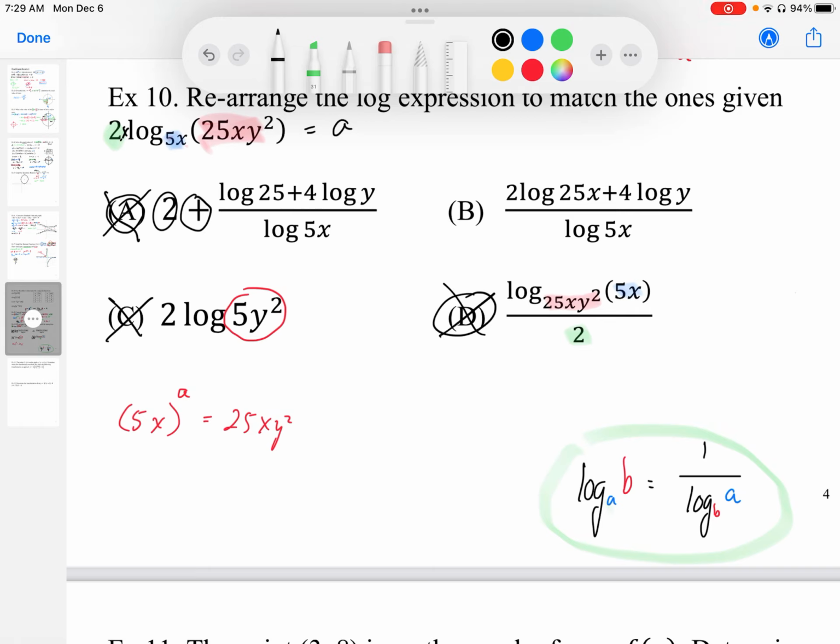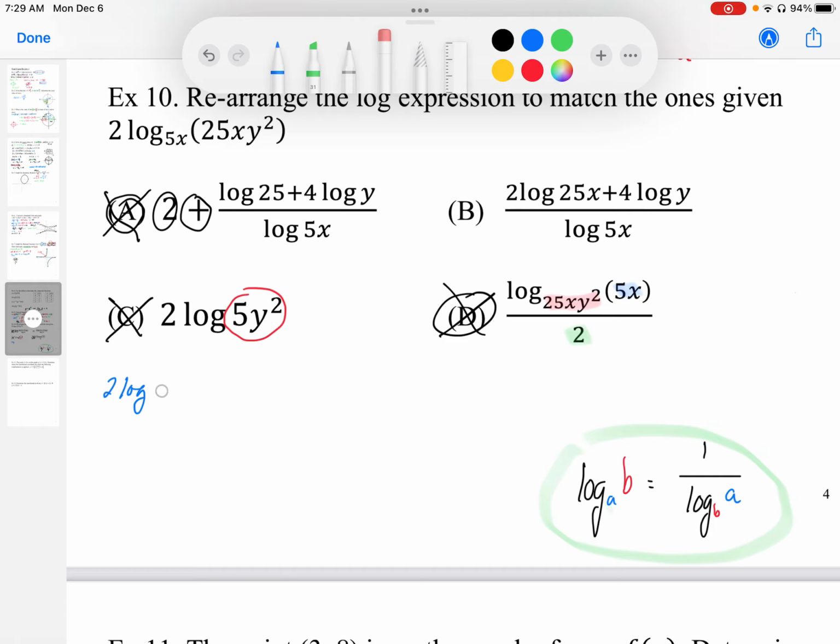All right, that leaves us with B, and B is the one that works. And we can show how we go from that original expression into the B expression. First of all, the first thing we're going to do is change the base. So we're going to change this base to log base 10.